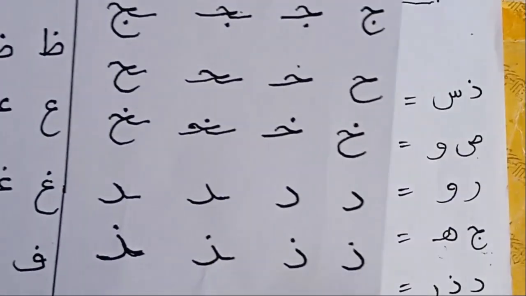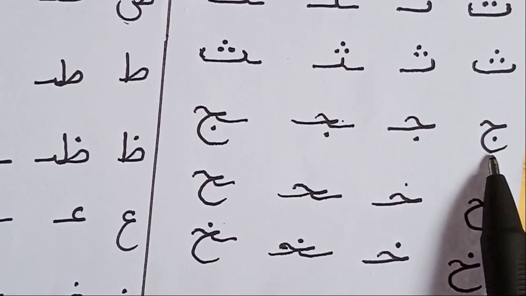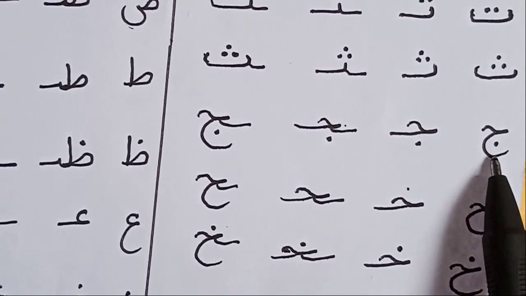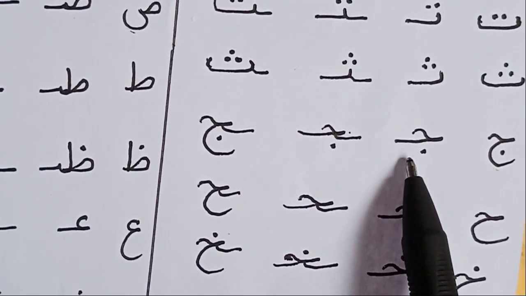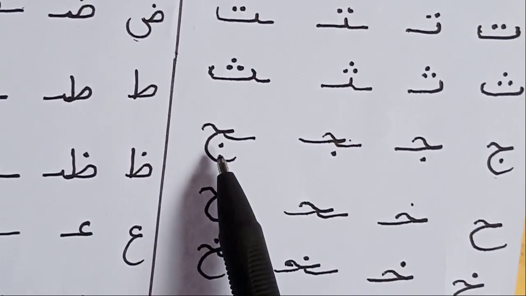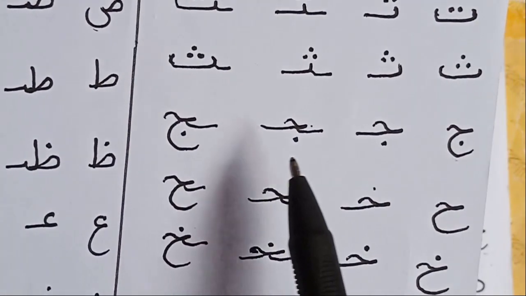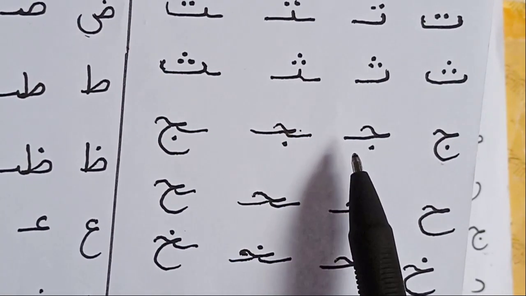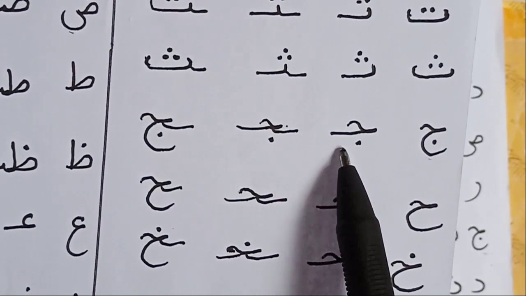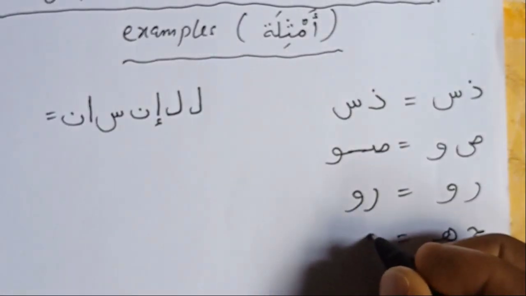We go to the Jim, the Jim of the beginning of the word, of the middle of the word, then of the end of the word. Since the Jim begins, we choose the Jim that begins the word. So we have this.